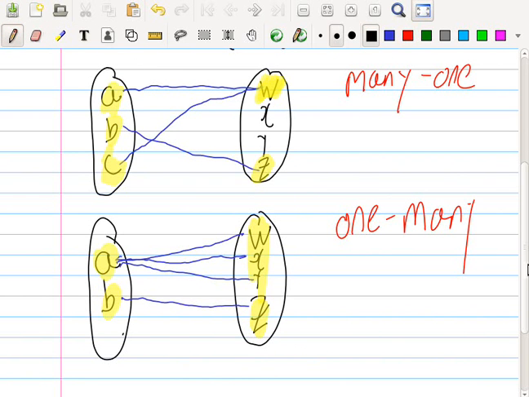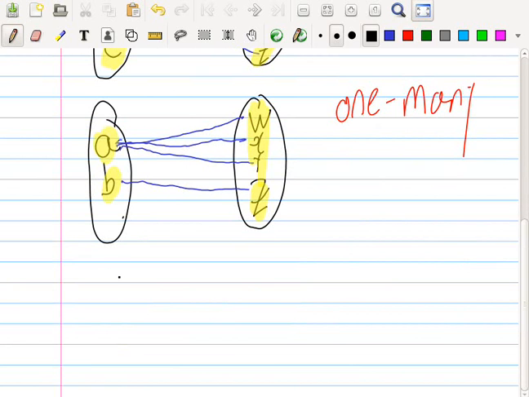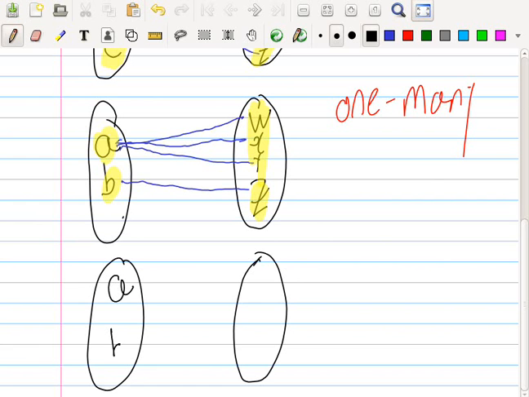So no prizes for figuring out what the last one has to be. Many, many. This one's a bit difficult to do. Let me think. A, B, X and Y. So A goes to X, A goes to Y. So that one, if I just had this, it would make it many one.